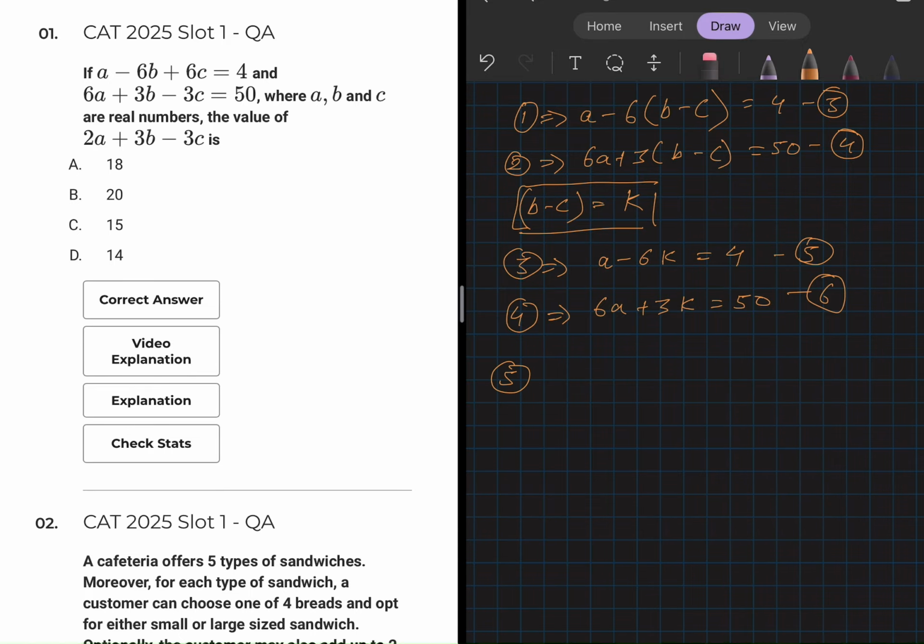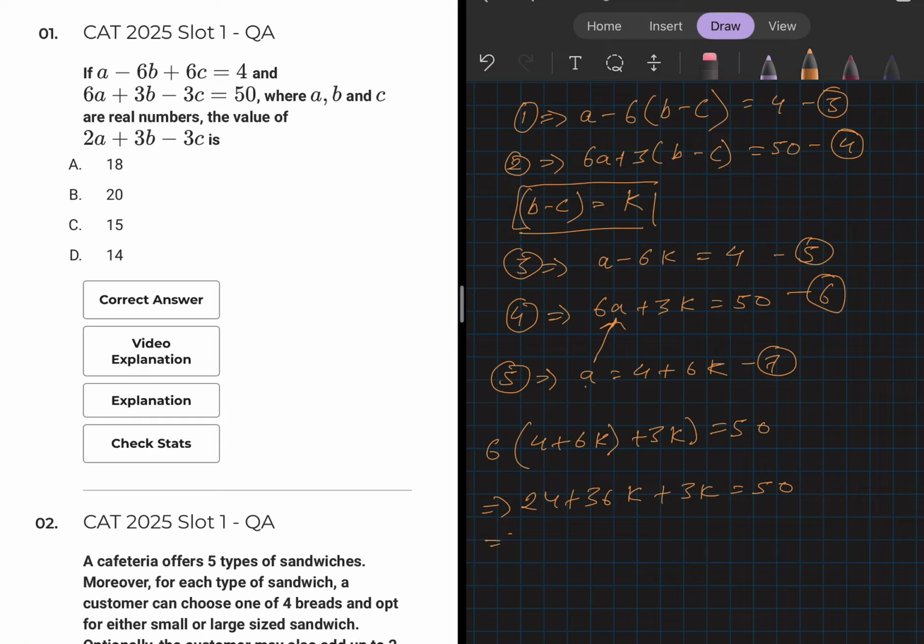So equation 5 can be written as a equals 4 plus 6k. It's equation 7, and then we can replace this a here. So this becomes 6 times 4 plus 6k, plus 3k, equals 50, which becomes 24 plus 36k plus 3k equals 50.